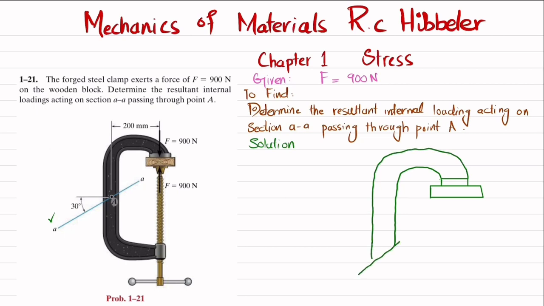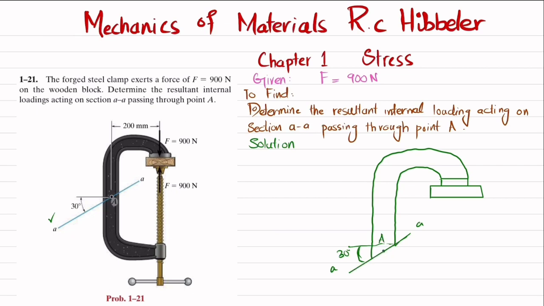This is section AA. Clear? This is section AA, and this section AA makes an angle of 30 degrees with the horizontal. This is your point A.